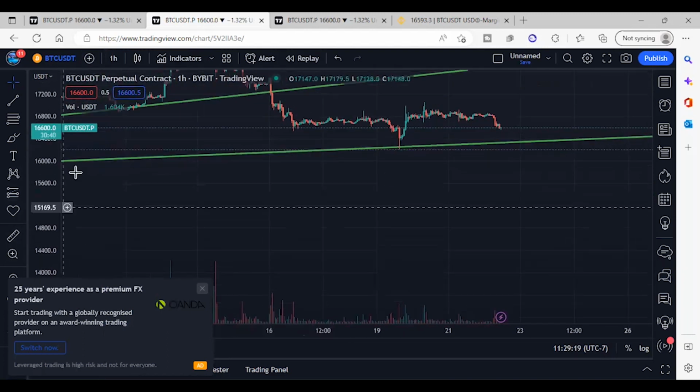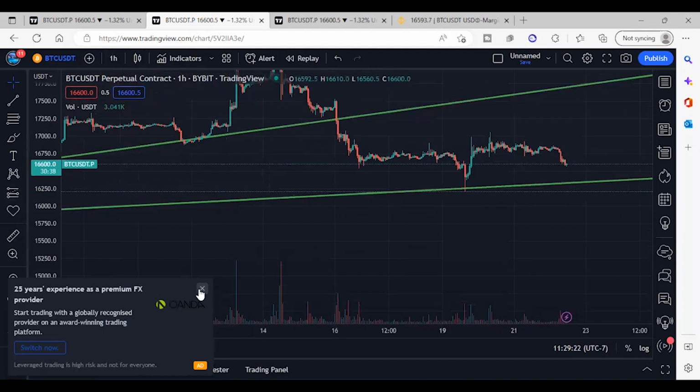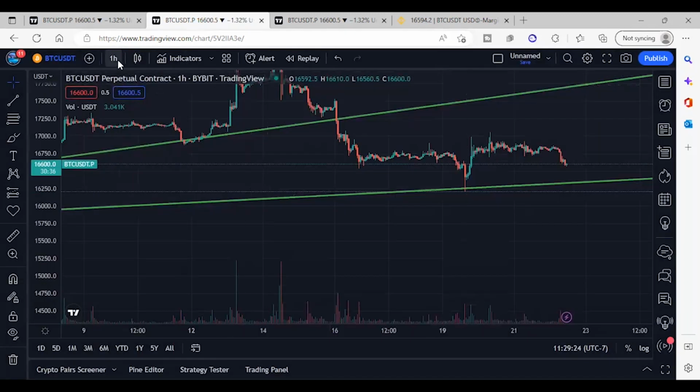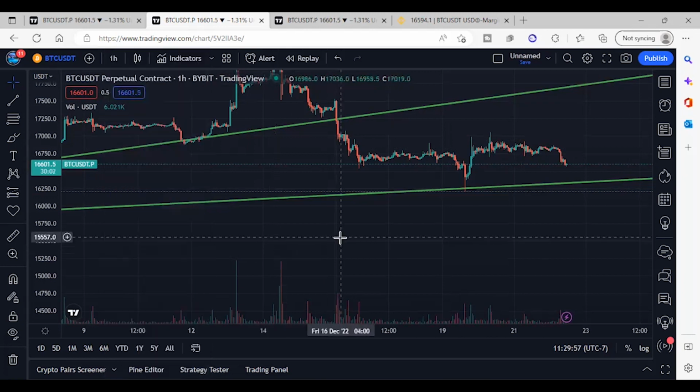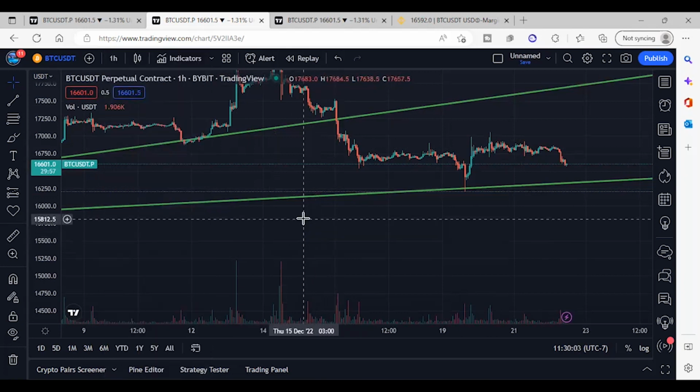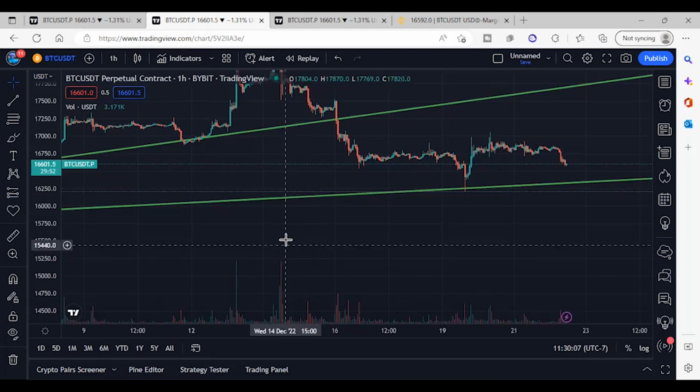But if I switch down to the 1 hour time frame, the chart is going to look completely different. So when you are trying to place your trade, you have to keep the time frame you're looking at in mind. The patterns that tend to show up on bigger time frames have more value, meaning they're more powerful and tend to have a major effect on the price.